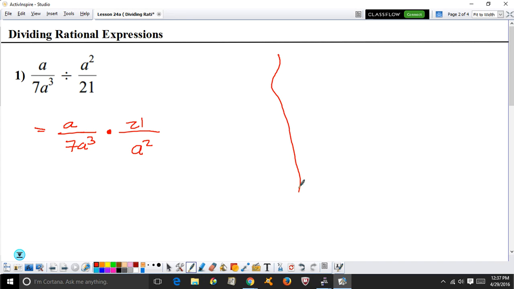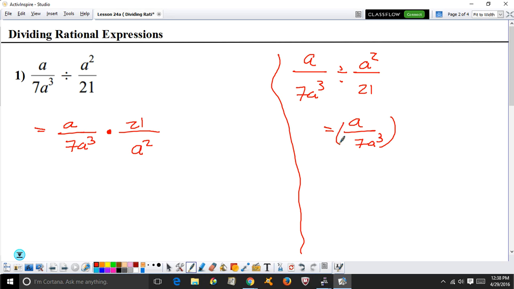Now let's put a parenthesis around here. Look at this expression, a to the 7 over b to the third divided by a squared over 21. That is the same as a to the 7 over 3 divided by a squared over 21.